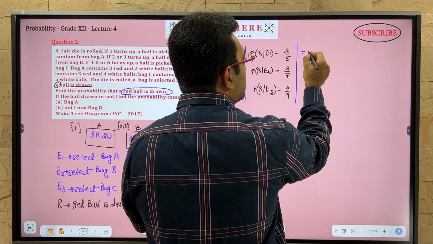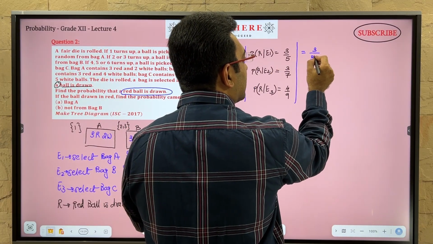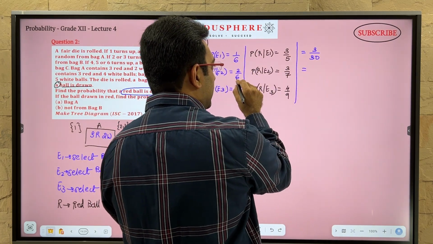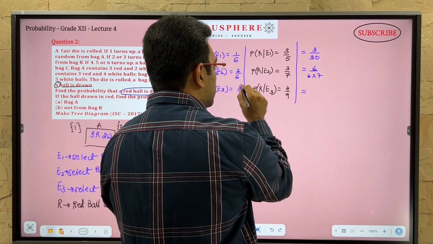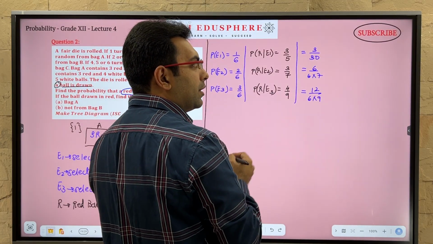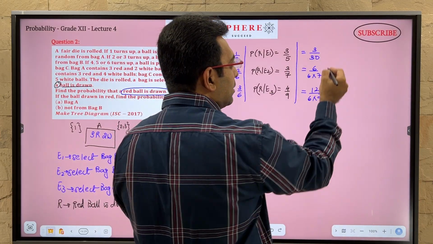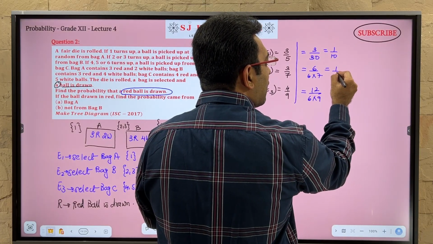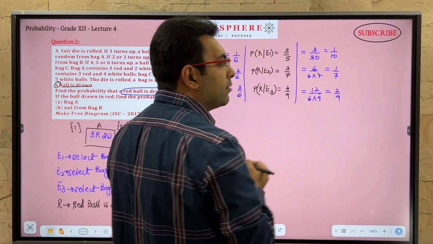That gives me 3 by 6 into 5, which is 30. 2 into 3 is 6 into 6 into 7. 3 into 4 is 12, 6 into 9. Since I know my denominators are different, I can reduce them to a fraction. So I have 1 by 10, 1 by 7, and 2 by 9.